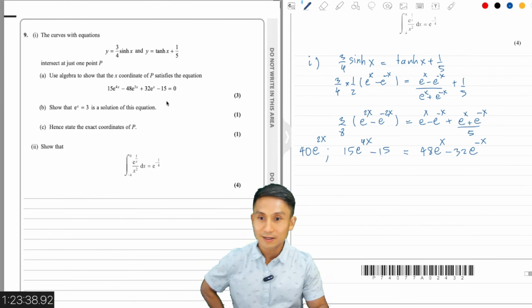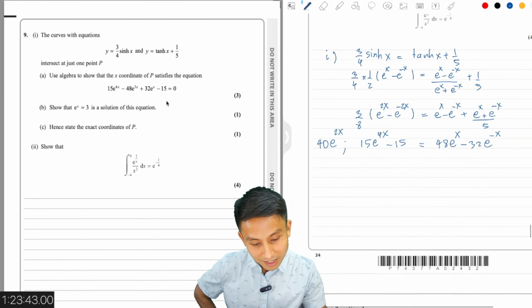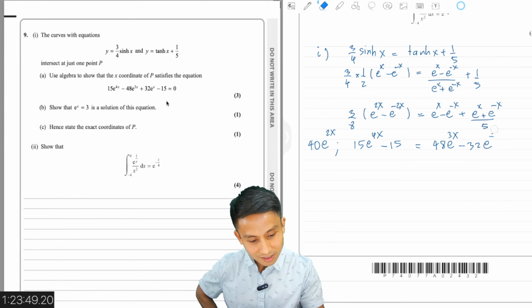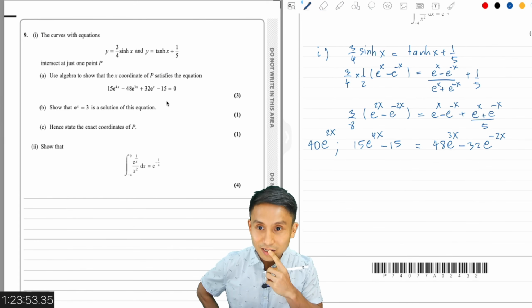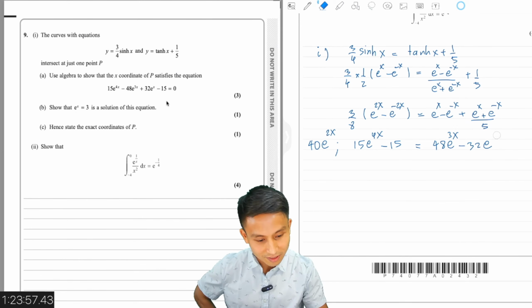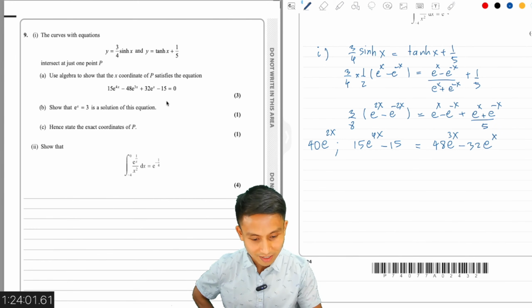Should I get that? Yeah, I hope. Yeah, I did. Wait, hang on. And multiply by e^(2x) as well, I forgot. So this would be 3x, right? Yeah, okay. Oh, it should be just 1, hang on. Yeah, this is just minus 1 e^x. Yeah, all right, I think I got it.